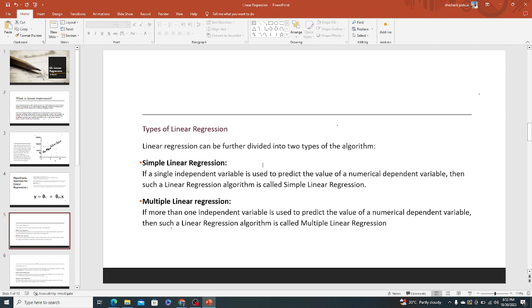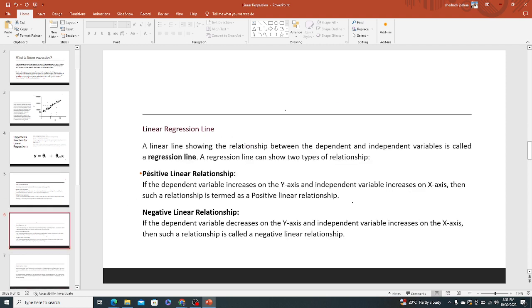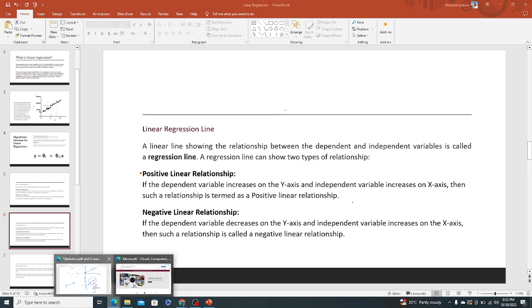We also discussed types of linear regression: simple linear regression and multiple linear regression. We also talked about the presentation of the regression line. We might have a positive linear relationship and also a negative linear relationship.